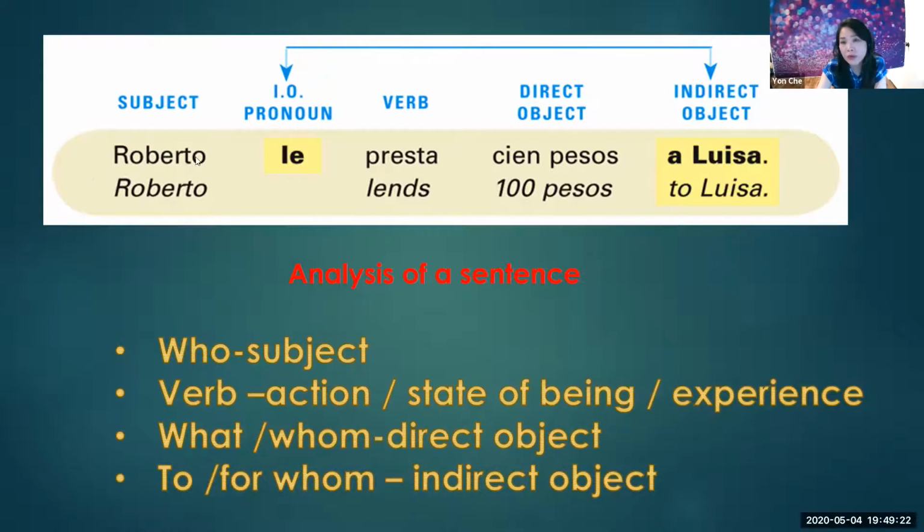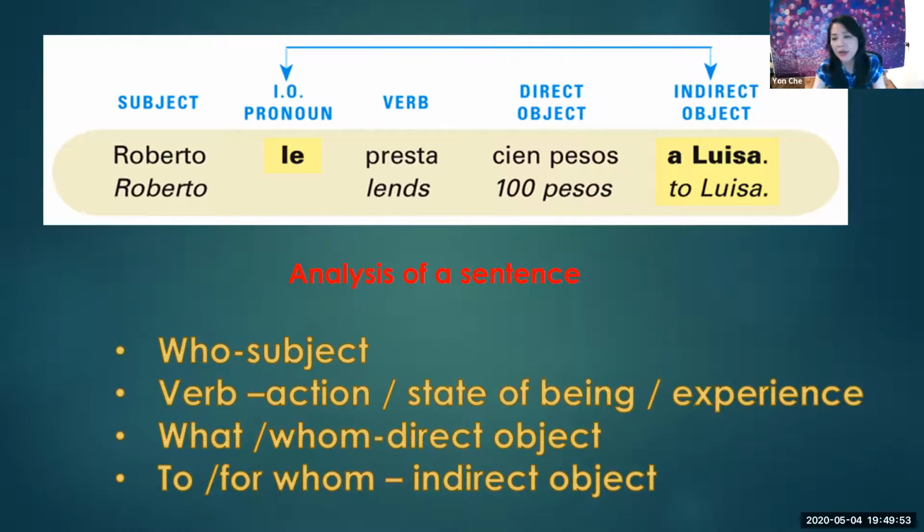You can omit Roberto if there is no ambiguity, if the context is clear that everybody knows it's talking about Roberto. However, that doesn't mean that sentence doesn't have a subject. It still does. How do you know that there is a subject? You look at the verb and you look at the conjugation, okay?